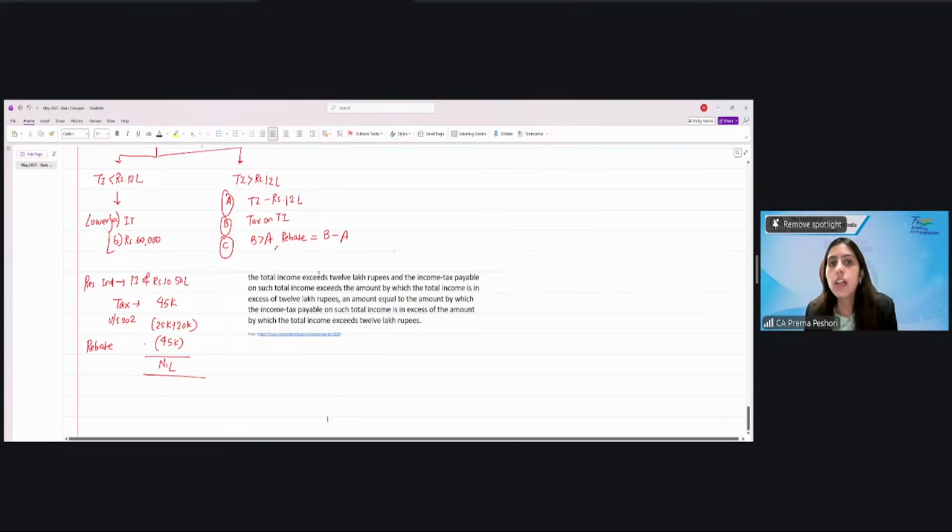The total income exceeds 12 lakh rupees. This is what I have written over here.